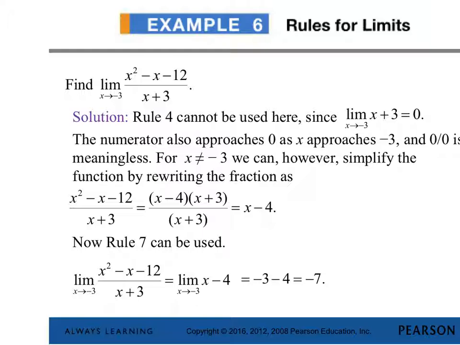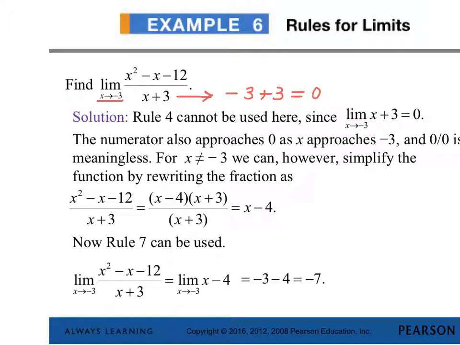Now, even though this is a quotient, we can't use the quotient rule because we're trying to take x approaches negative 3, when in fact if x actually is equal to negative 3, plus 3 will give us a 0 in the denominator. And that's a problem because we don't want this to be undefined.